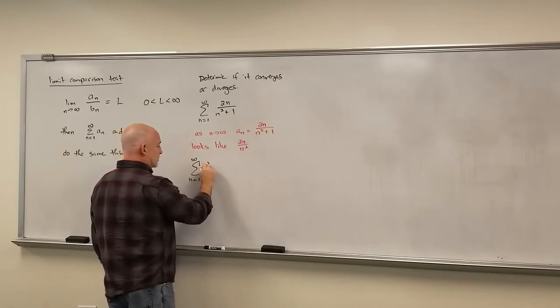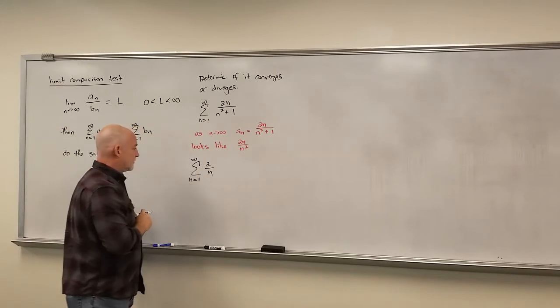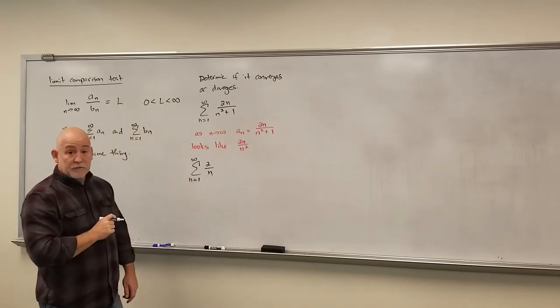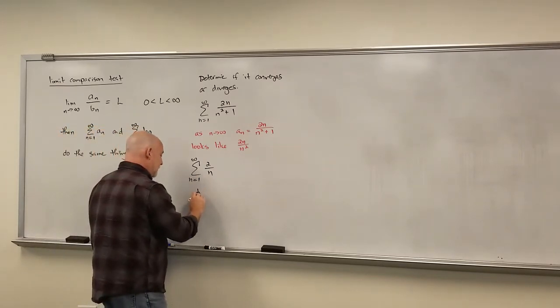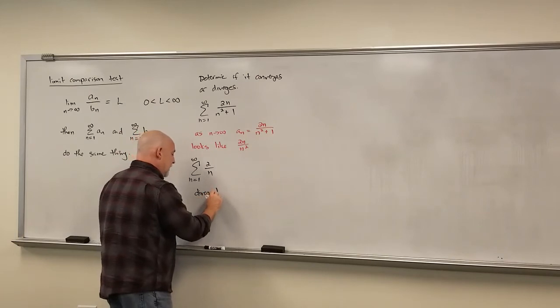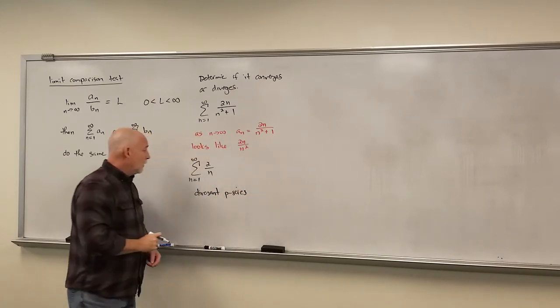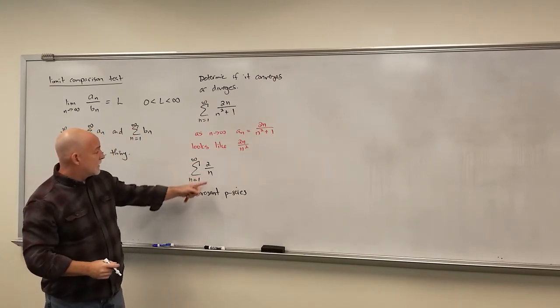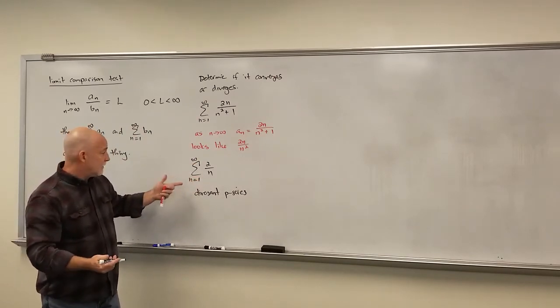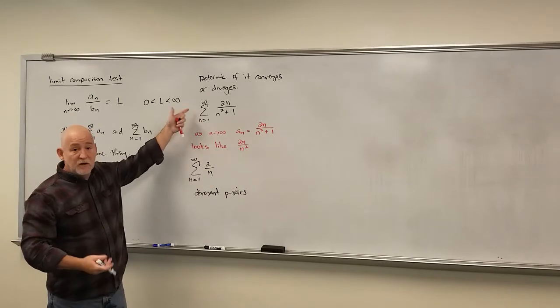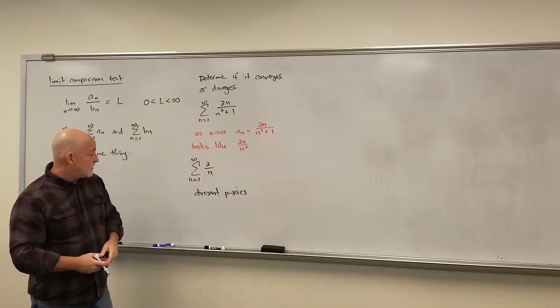Now that'll reduce to 2 over n. Well, that's a p-series. This is a divergent p-series. Okay, so since this looks like it's going to act like a divergent p-series, we're going to assume that this also acts like a divergent p-series.